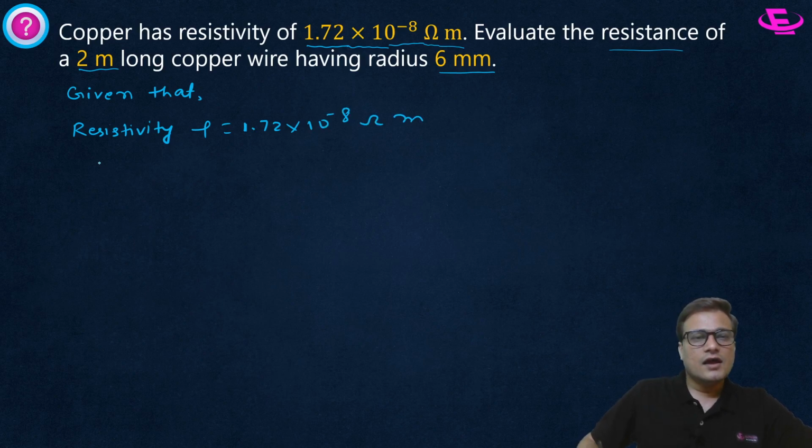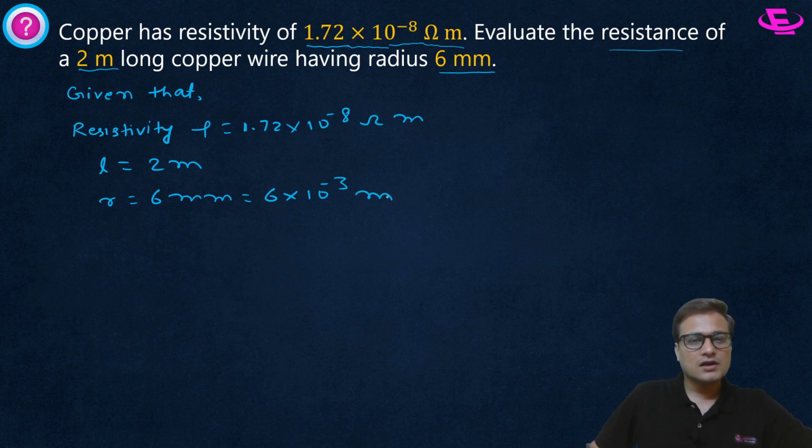Clear? Next, 2 meter long, that means length L is given as 2 meter. Next, radius r is given as 6 millimeter. What do you mean by millimeter? You can convert it into 6 into 10 to the power minus 3 meter. Clear?